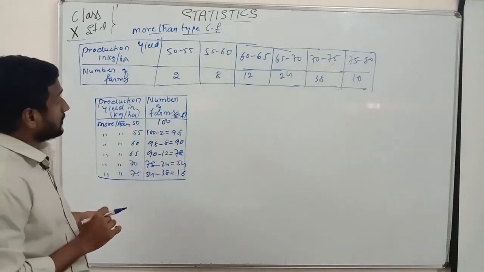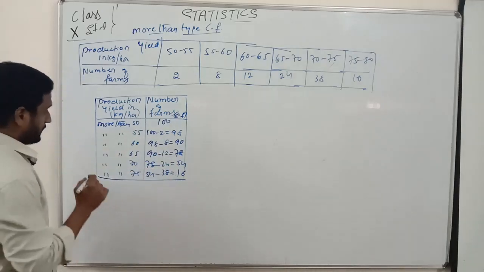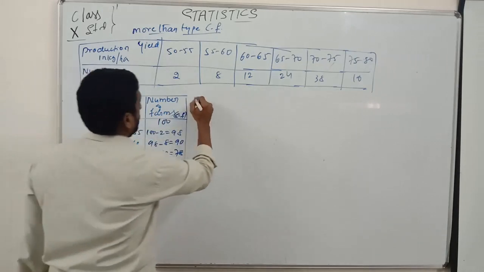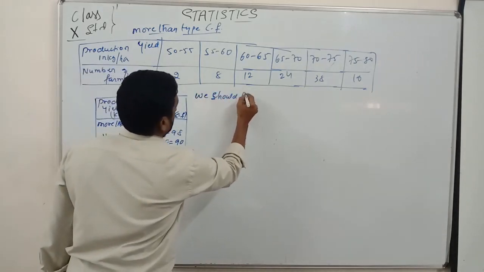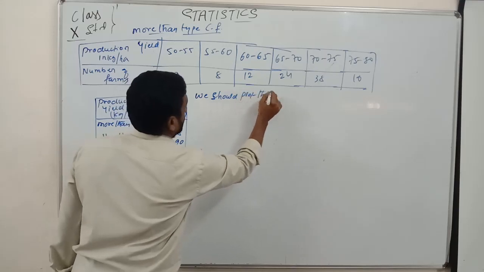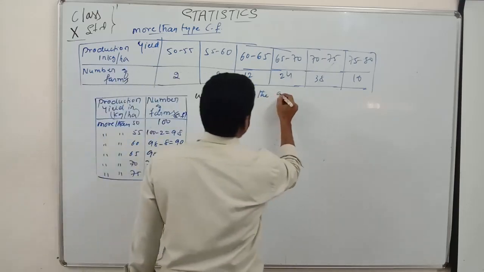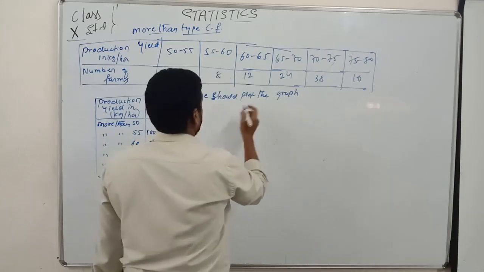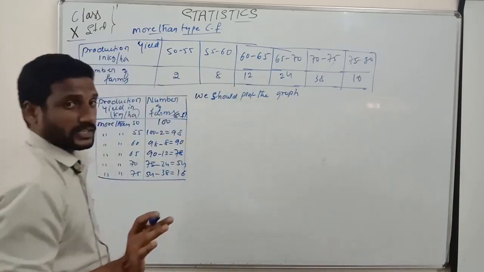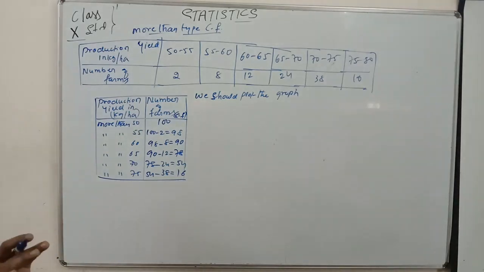Next, we should plot the graph. What versus which here in more than type cumulative frequency?